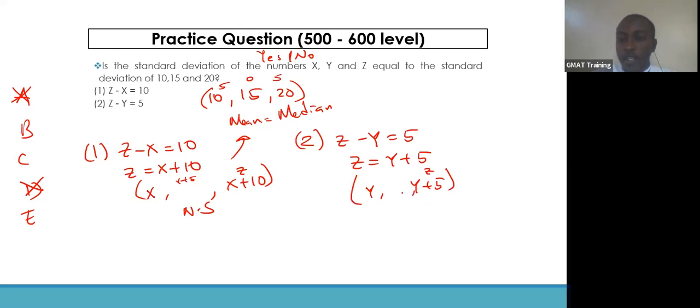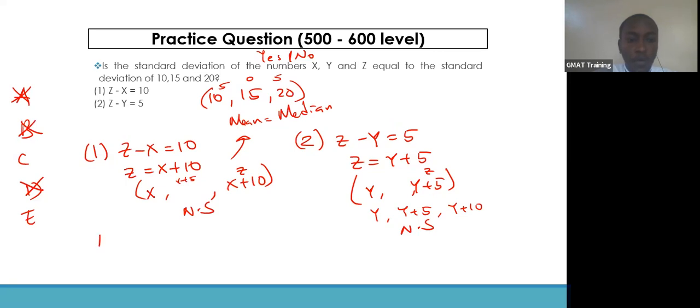If x equals, say, another value, y plus 10, then we'll have y, y plus 5, y plus 10, the same standard deviation as this set. Therefore, yes, it will be. But if x was any other value, then it wouldn't be the same standard deviation as the set 10, 15, and 20. With that being said, this is not sufficient as well, and therefore B is out.